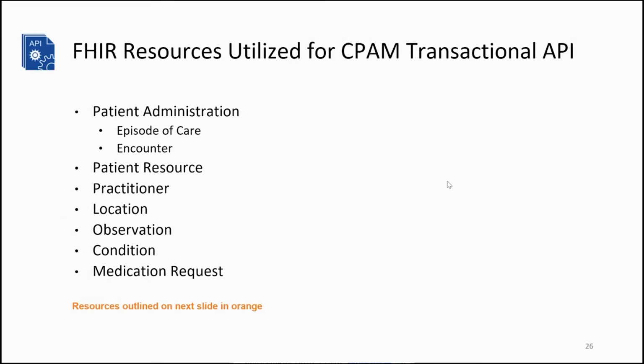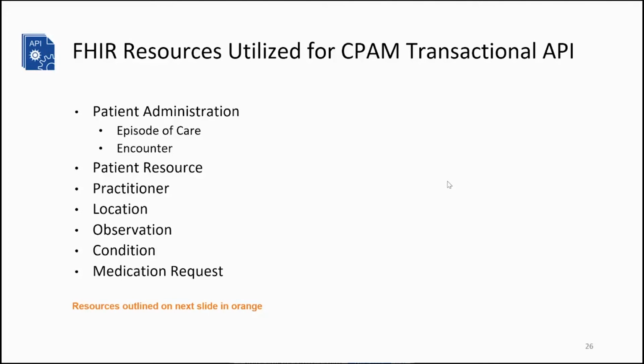So the FHIR resources we used in this MVP level C-PAM API was a patient administration. We did pull in the episode of care resource out of FHIR, which is actually in early development or evolution, so it's not actually in the formal piece of the standard, because we needed to link together episodes and encounters.